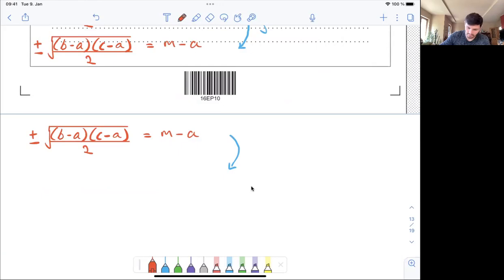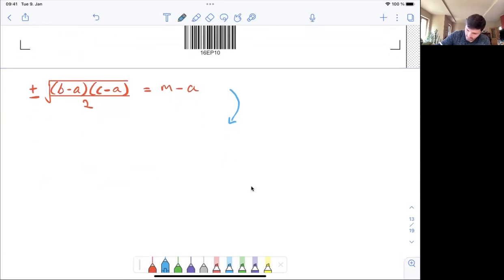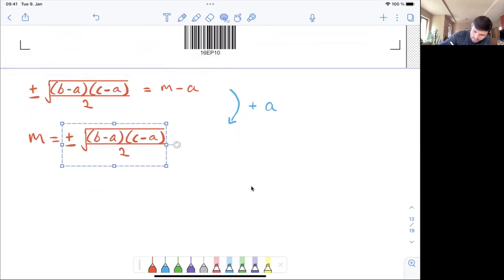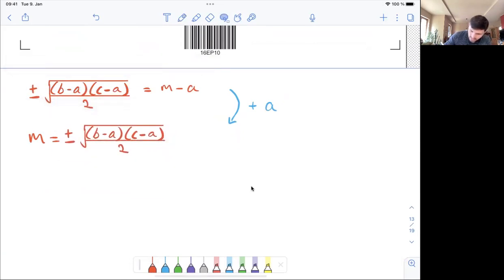I'll show you why that turns out. So here we're going to add an A, so plus A, and we'll say M is equal to this plus and minus square root of B minus A times C minus A over 2, plus A.